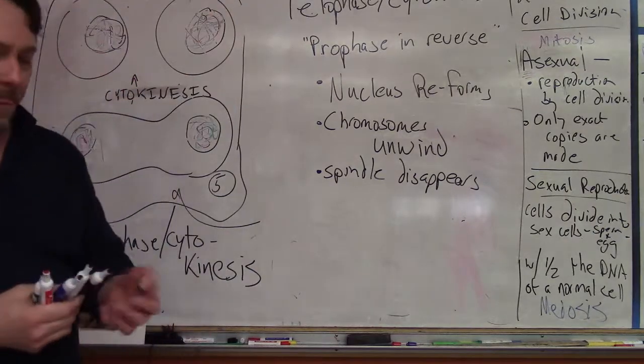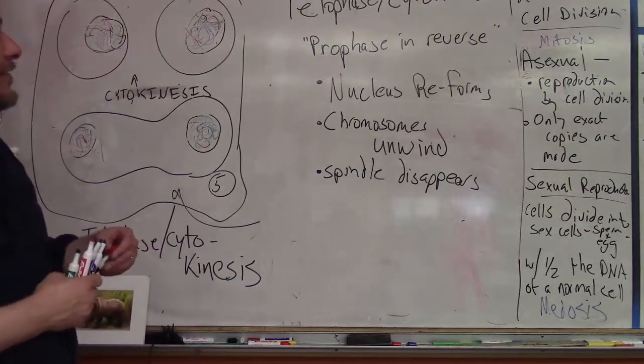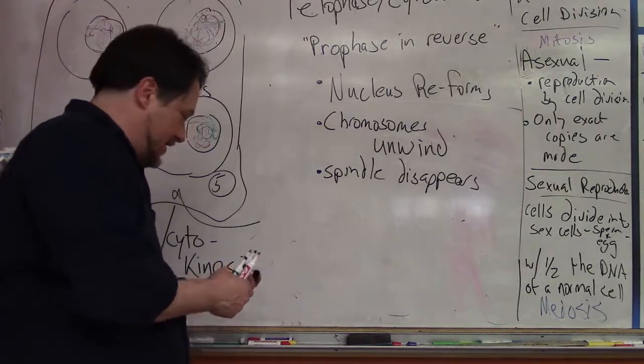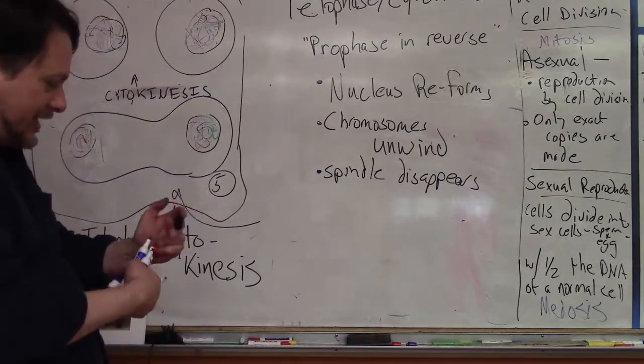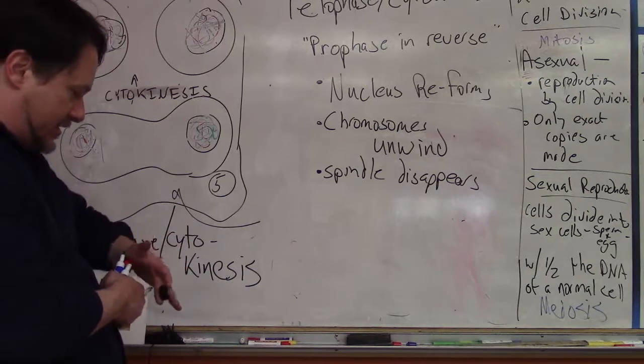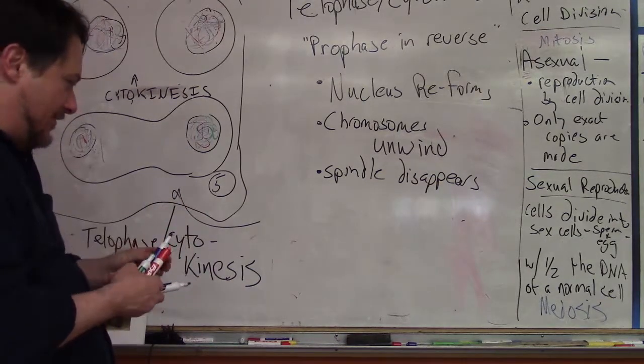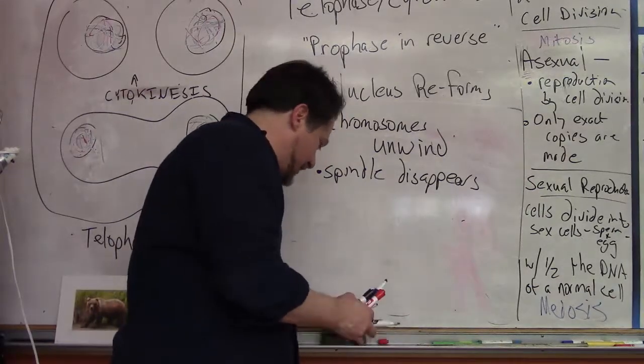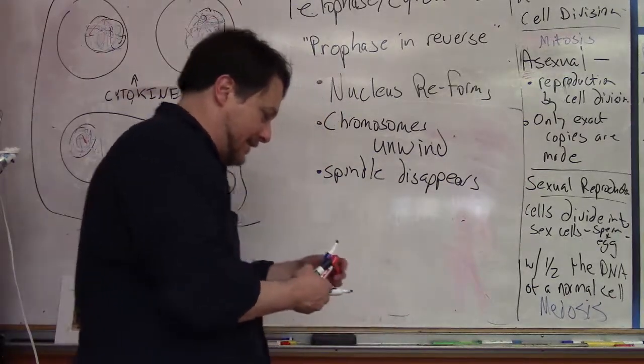Now there's 2 of them. And so the idea is the cell has taken great pains to create 2 identical cells through the process of mitosis. And what we have now is just the same as what we had before, except that now we have 2 of them.